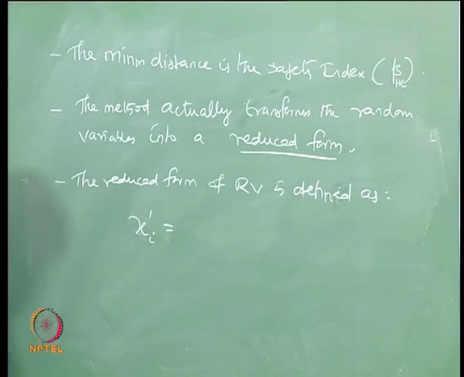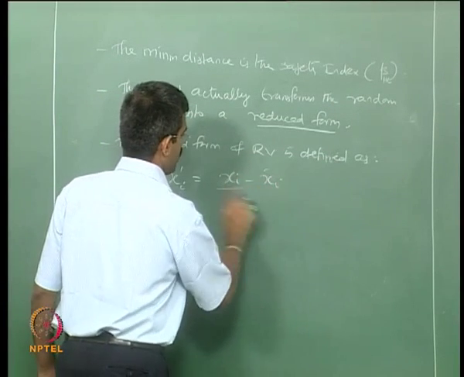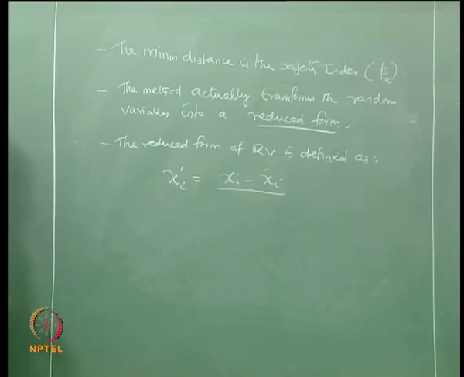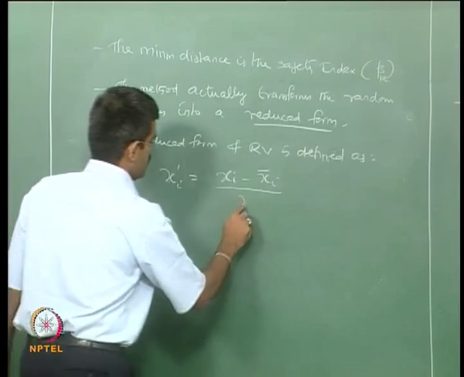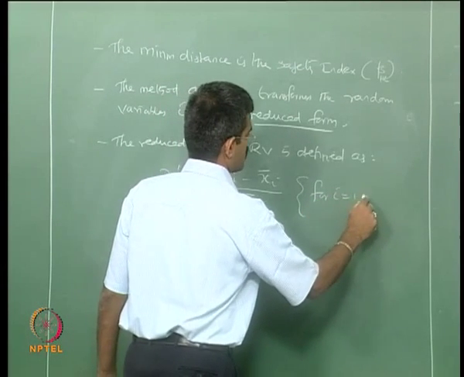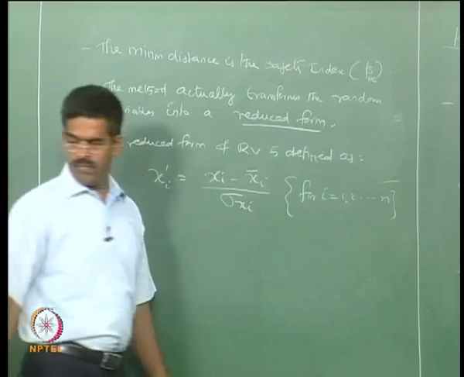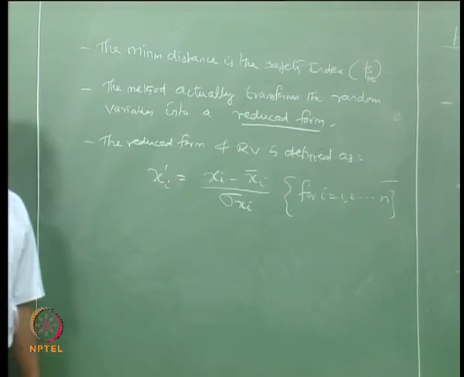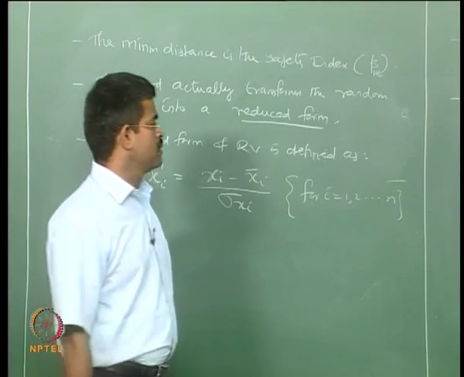i-th value, which is xi minus x bar i by sigma xi, for i equals 1, 2, and so on. Let me call this equation number 7.